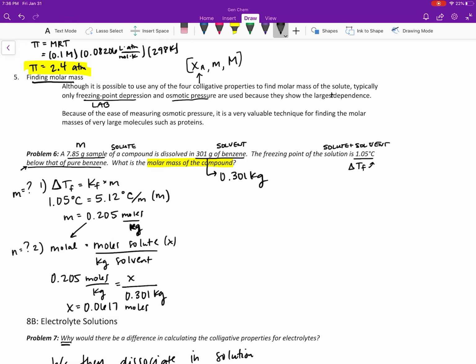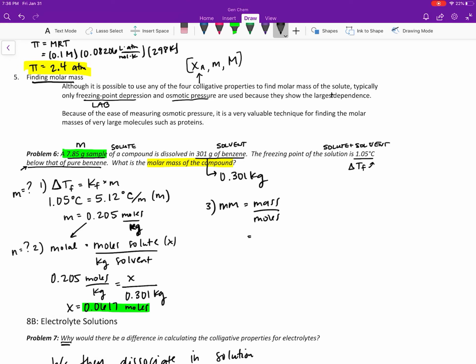So now, in the third step, we want to determine the molar mass of our unknown, which is mass in grams divided by moles of our unknown. So we have our mass, it's given to us up here. And we have our number of moles because we've calculated that now.